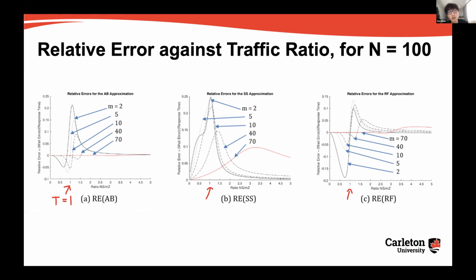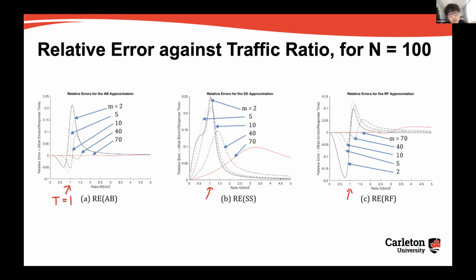The traffic ratio takes values from 0 to 5, and the values for M are shown in the plots. The errors are less than 25% and are mostly concentrated around t equals 1. For large M, in both SS and RF, the peak error tends towards higher values of t.